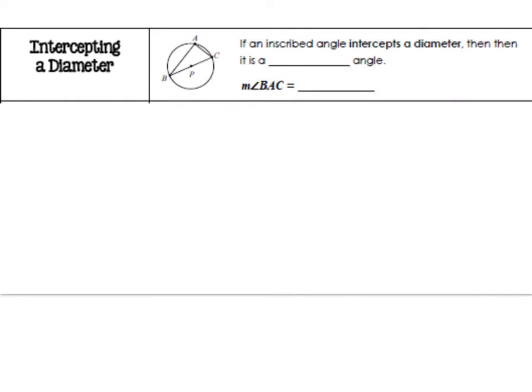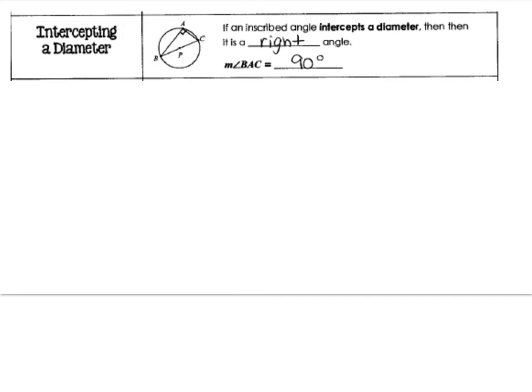Next, let's talk about intercepting diameters. We know what a diameter is, so the diameter goes through the center. So basically, if an inscribed angle intercepts a diameter, then it is a blank angle. What type of angle do you think it is? You got it. It's a right angle.